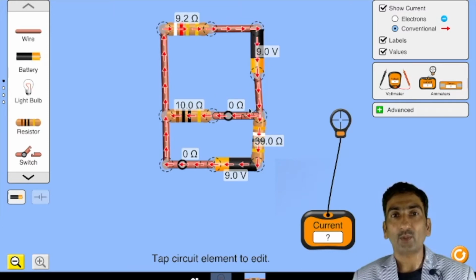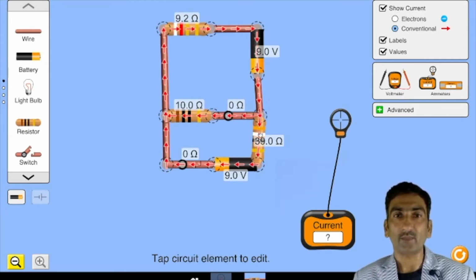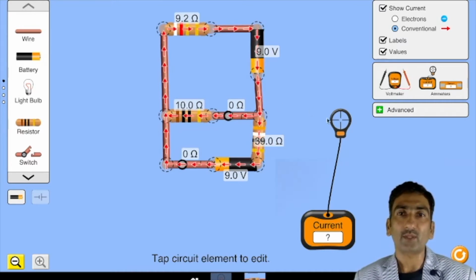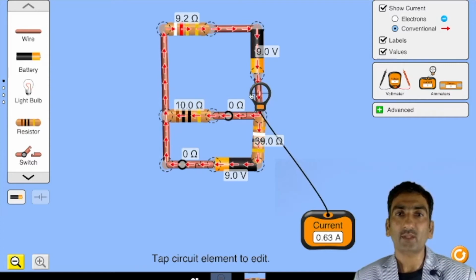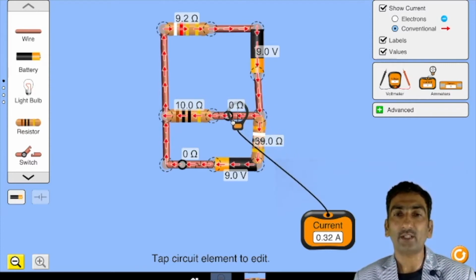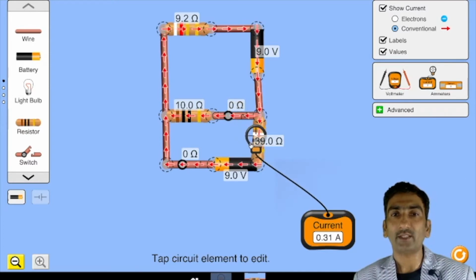Whatever amount of current enters here divides into these two branches, so the sum of these two currents equals that one. The current is 0.63, and in these branches it is 0.32 and 0.31.